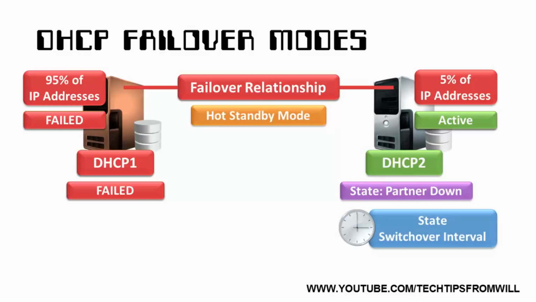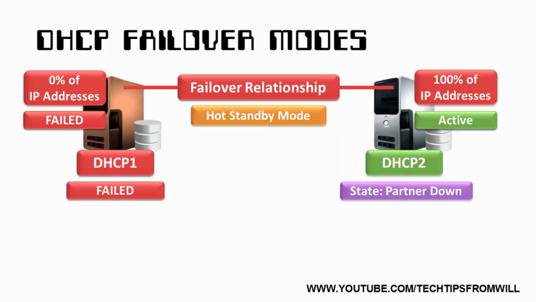Whilst in the partner down state, the maximum client lead time begins its countdown. When the maximum client lead time expires, DHCP Server 2 will assume control of the entire IP address range, including the IP addresses that DHCP Server 1 was responsible for.